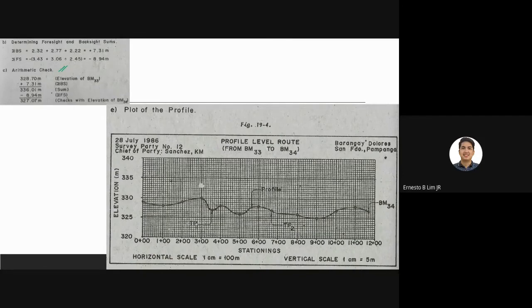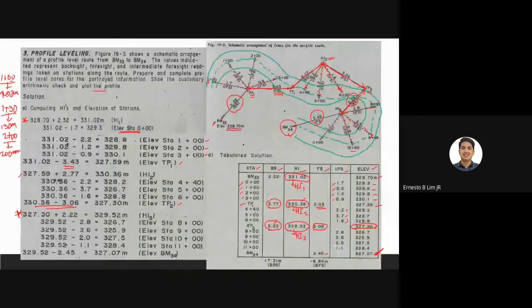So for the arithmetic check, you have the elevation of BM33, plus the summation of backside, which is equal to 7.31. Just simply add all of these entries here for your backside. Therefore, you have summation of backside, which is 7.33.